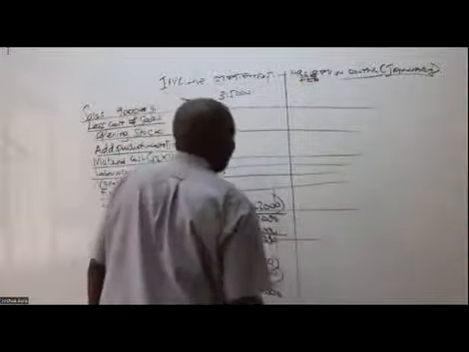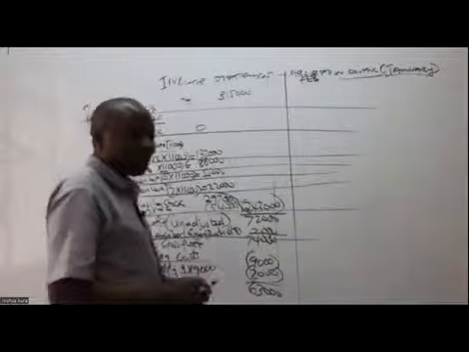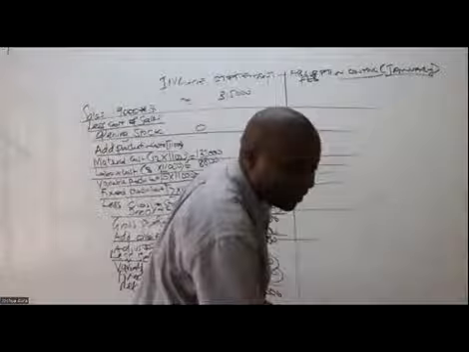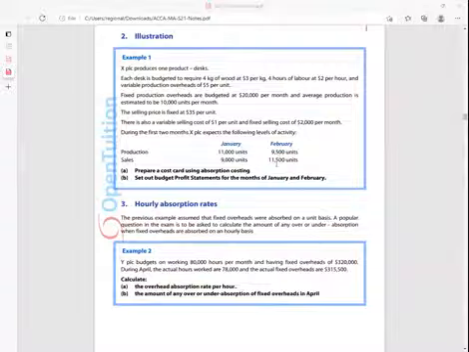Now for February, is there somebody who is able to see the number of units that we sold in the month of February? Are you able to see 11,500? So we sold 11,500 here, times the selling price fixed at 35.